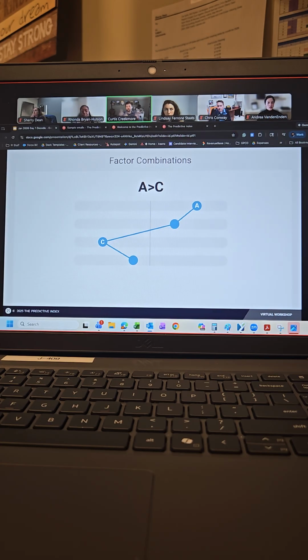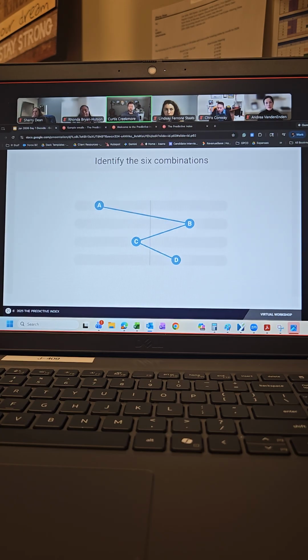Just like the farthest away drive, it's the factor combination that they're going to feel most. Like this is the thing that you're going to see the most with that person. But all factor combinations exist, which is a great segue to tell me in the chat, what are the 6 different factor combinations?